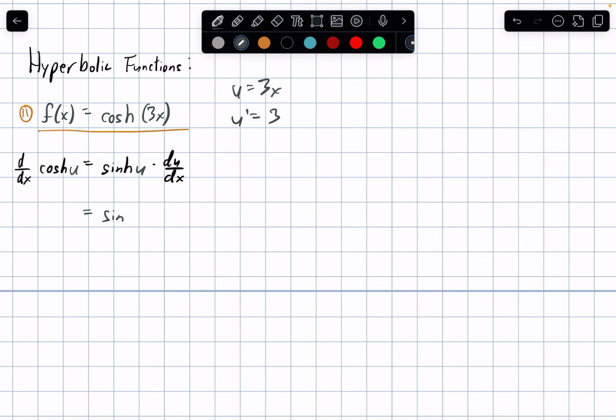So sine h of u, which is 3x, times the derivative d over dx, which is just times 3. So the answer is going to be 3 sine h 3x. Let me see if the answer is correct. Yes, it is.